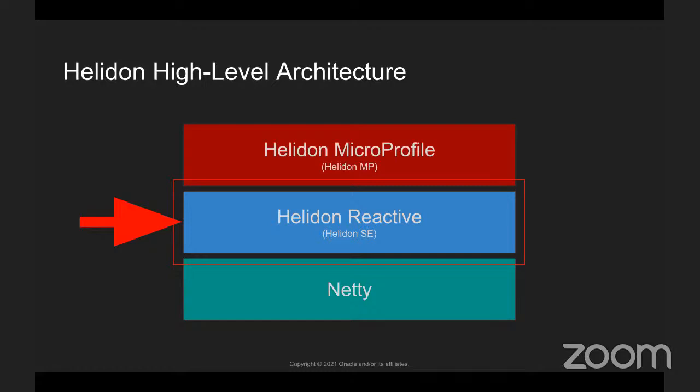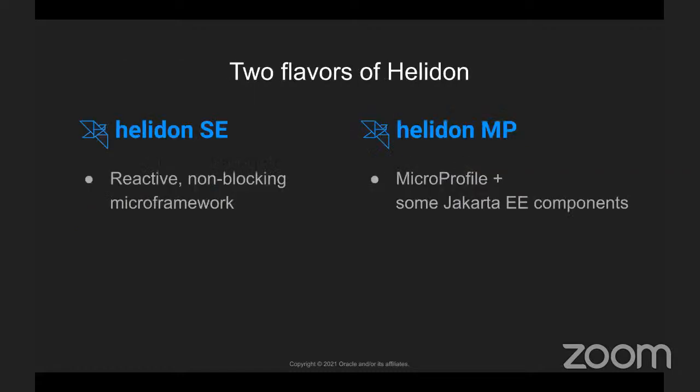We provide a way for you to skip this MicroProfile standard stuff and do pure Java for your microservices. Unlike Helidon MP, which is MicroProfile and Jakarta components, SE is a totally reactive, non-blocking micro framework. If Helidon MP is fast, SE is extremely fast.